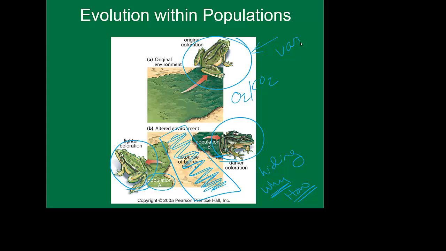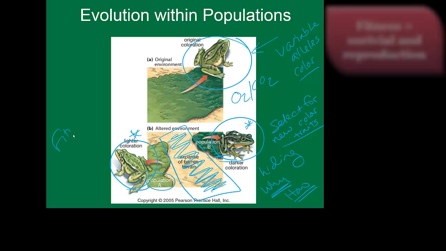So we have to look at whether or not there are variable alleles for color in the original population. If there are, then we can select for new color traits that would make these new populations better fit. What was fitness?